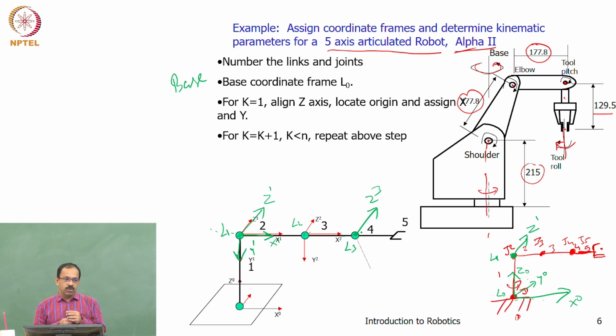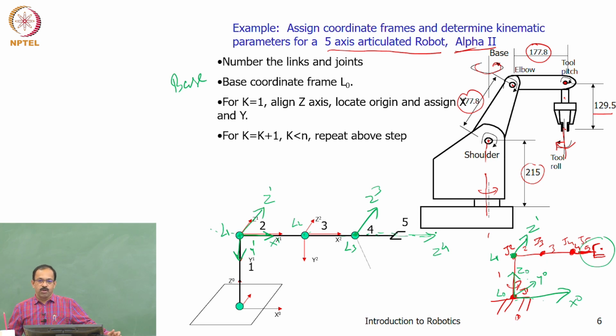Roll, right? What is the roll axis? This tool is rotating with respect to an axis. What is that axis? That axis is this one, right? That is the Z4. Direction of Z4 is along this.